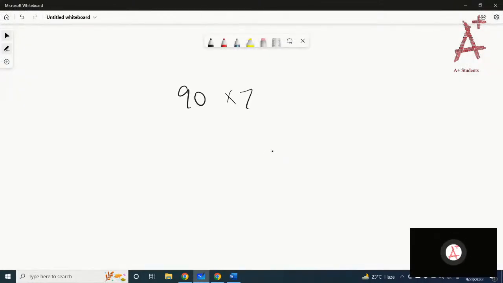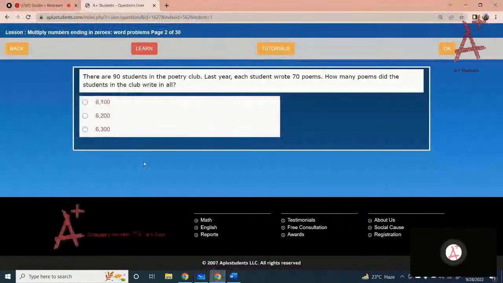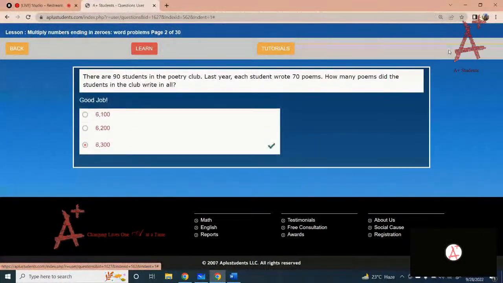Multiply the digits. 9 times 7 is 63. So in total we have two zeros. So just add the two zeros at the right of the digit. It makes 6300. That means the total poems are 6300. Got it? Select the correct option and click on the OK button.